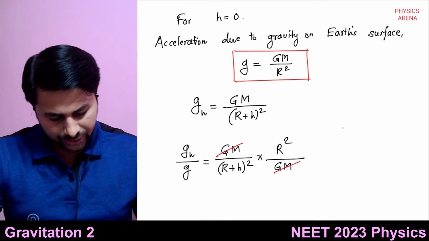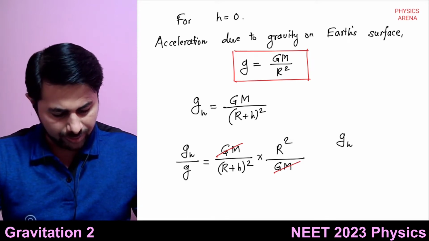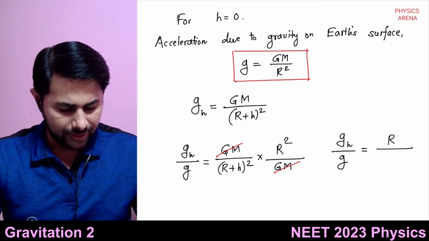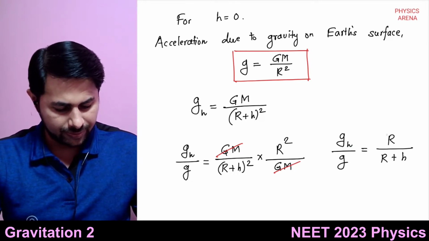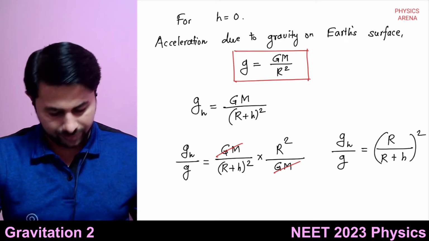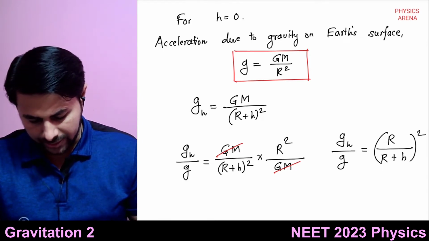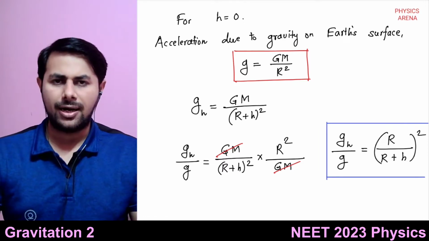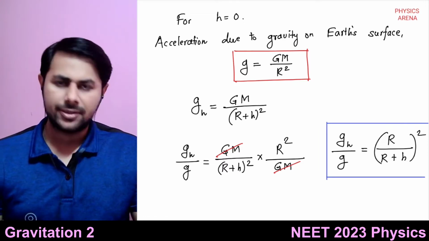So we get the relation that g_h upon g is equal to R divided by (R plus h) whole square.